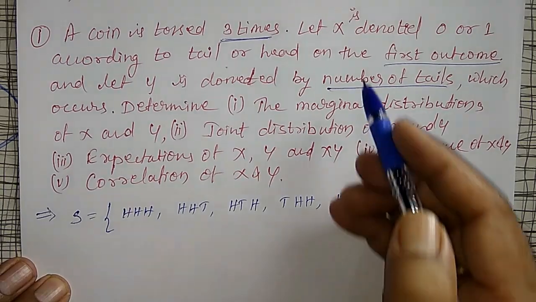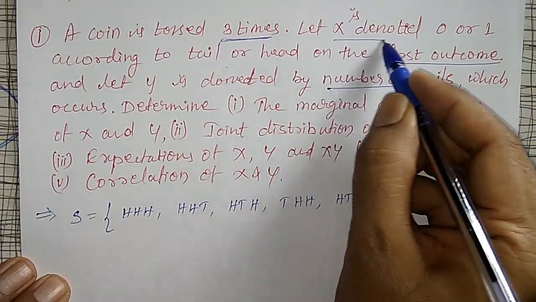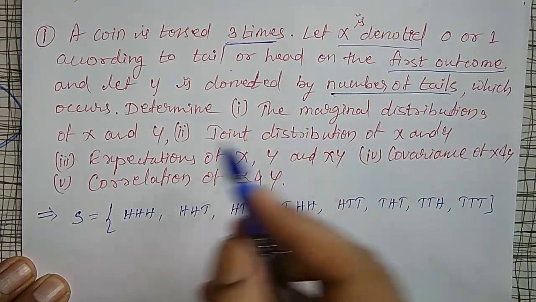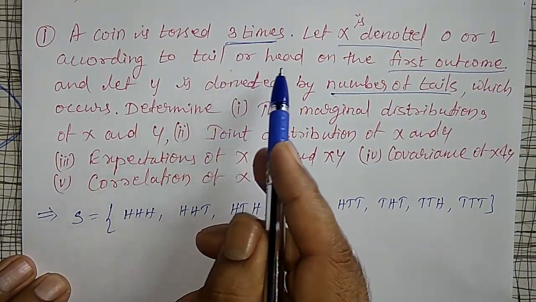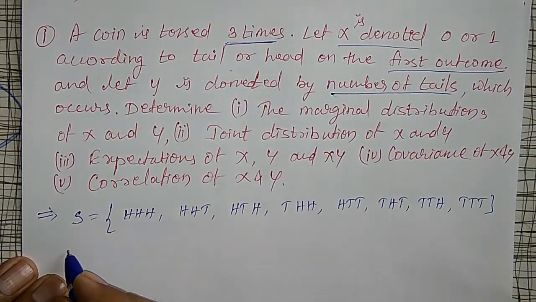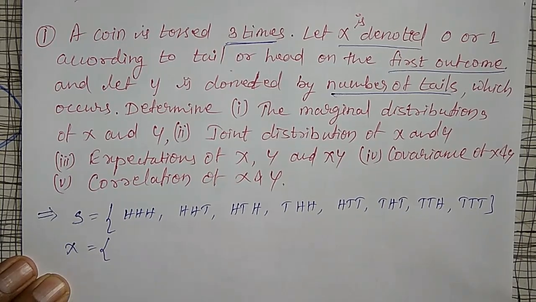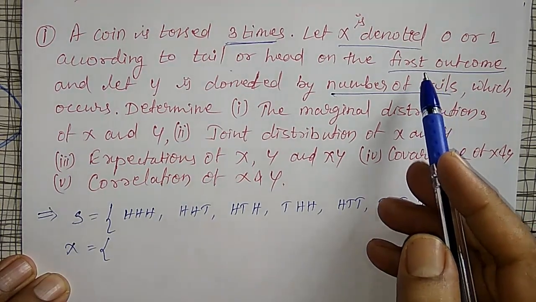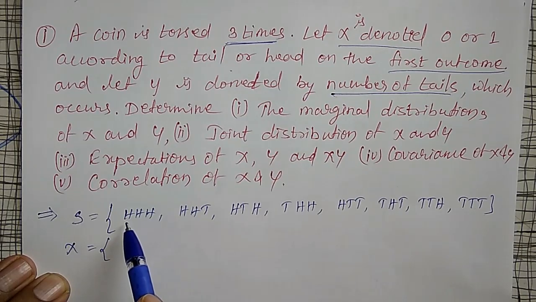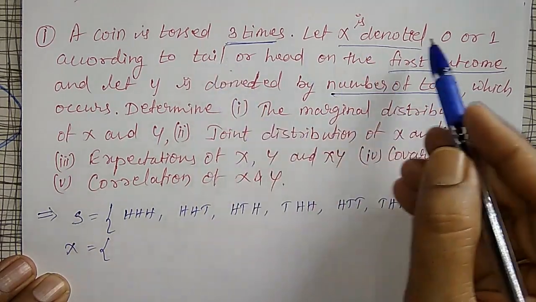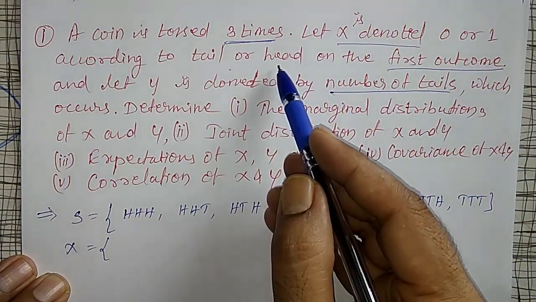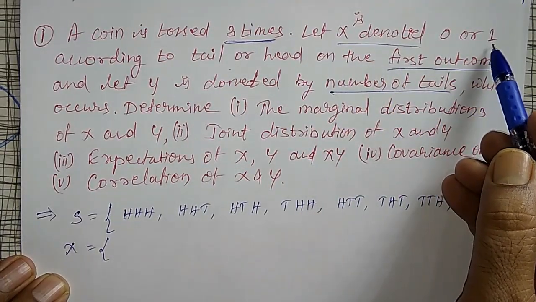Then here x is defined to be 0 or 1 according to the tail or head in the first outcome. Therefore, for x, I am giving either 0 or 1 depending on the first coin's outcome. If it is tail, I denote it by 0. If it is head, I denote it by 1.